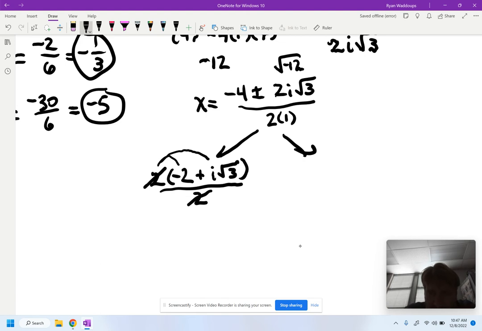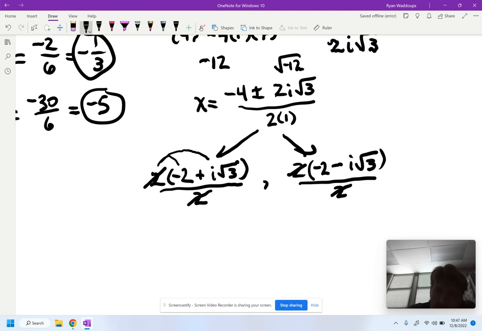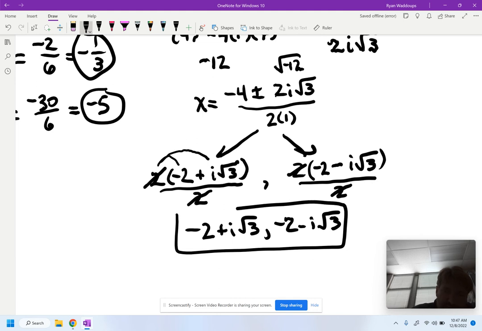I'm going to do the same exact thing over here. 2 times negative 2 minus i rad 3, this time a negative instead of the positive, all over 2, and the 2's cancel. And so my solutions are negative 2 plus i rad 3 and negative 2 minus i rad 3. Those are the two solutions.